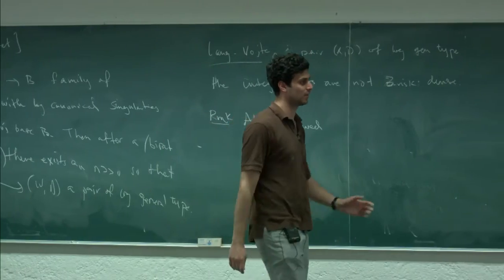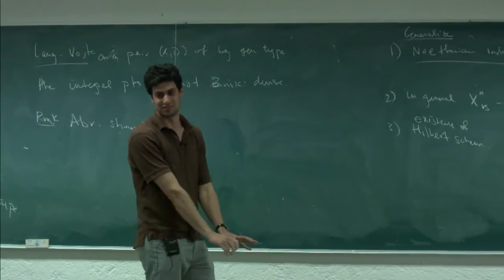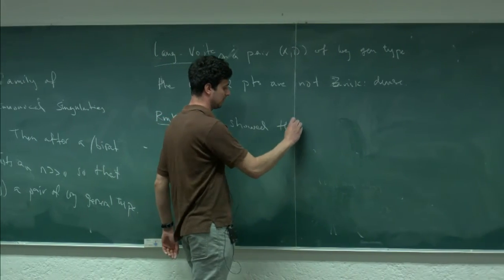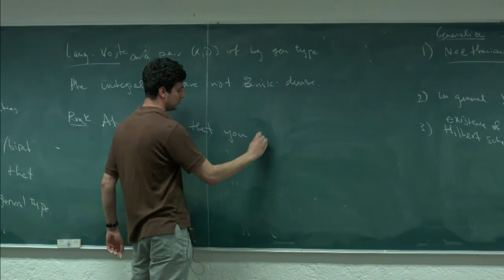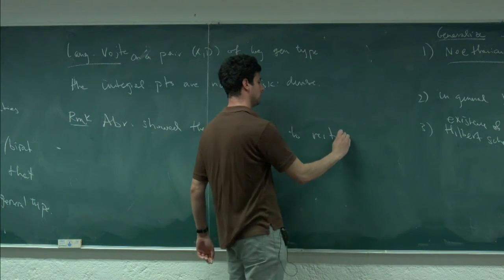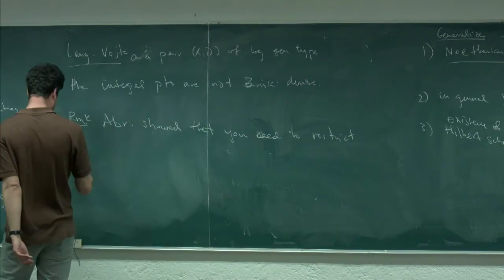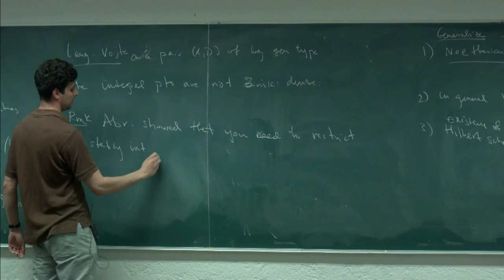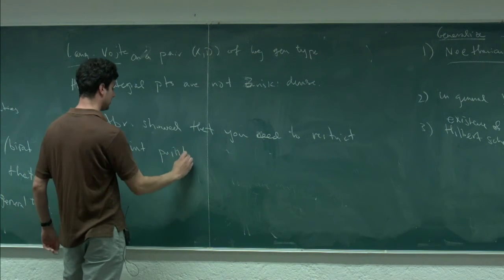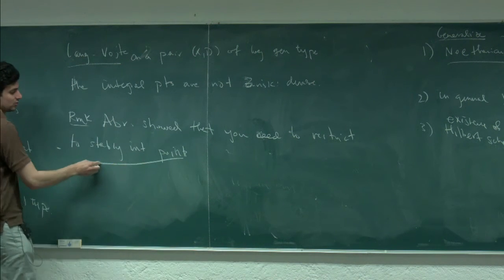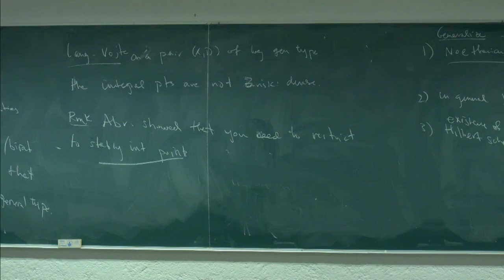He did it for those pairs of log general type, and he showed that you need to restrict to what he called stably integral points. So instead of just taking an integral point, you have to look at stably integral points, which are points that remain integral after you do stable reduction.